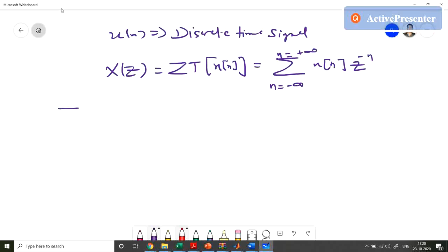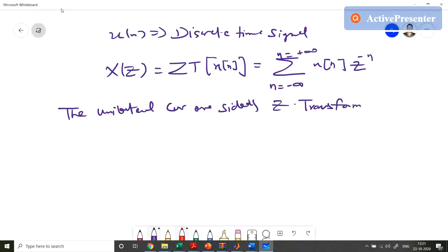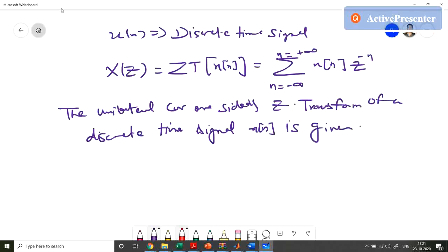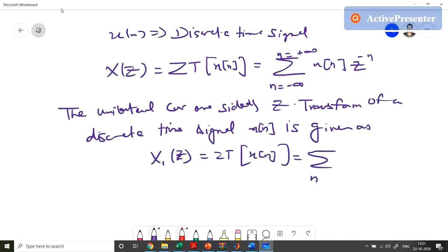The unilateral, or one-sided, Z transform of a discrete time signal x[n] is given as X1(z), equal to the Z transform of x[n], that is the summation going from n equals 0 to infinity, which is why it is unilateral, of x[n] z raised to the power minus n.